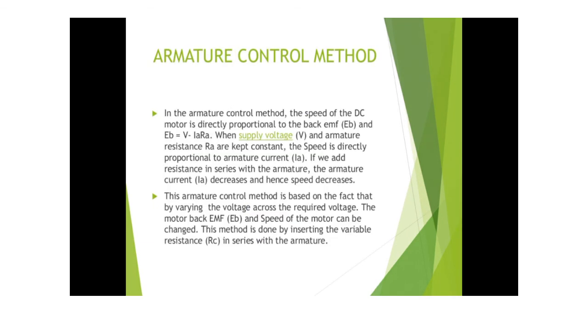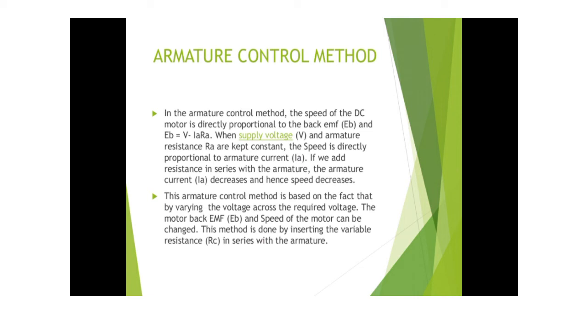Armature control method. In the armature control method, the speed of DC motor is directly proportional to back EMF Eb, where Eb equals V minus IaRa. When supply voltage V and armature resistance Ra are kept constant, the speed is directly proportional to armature current.